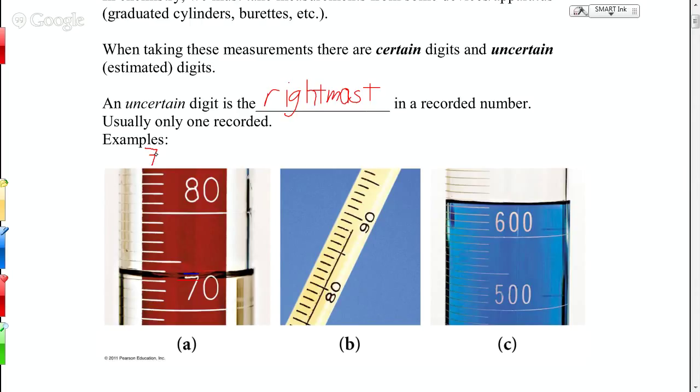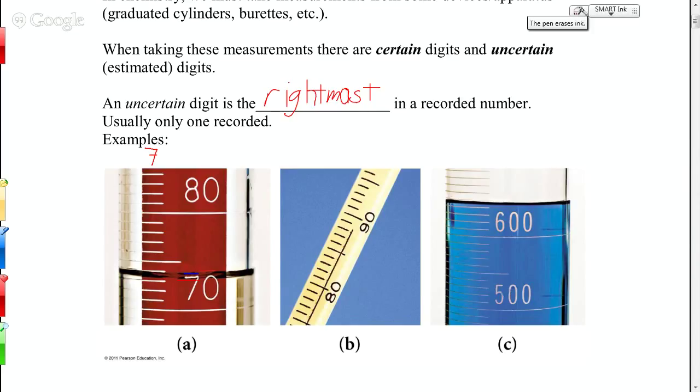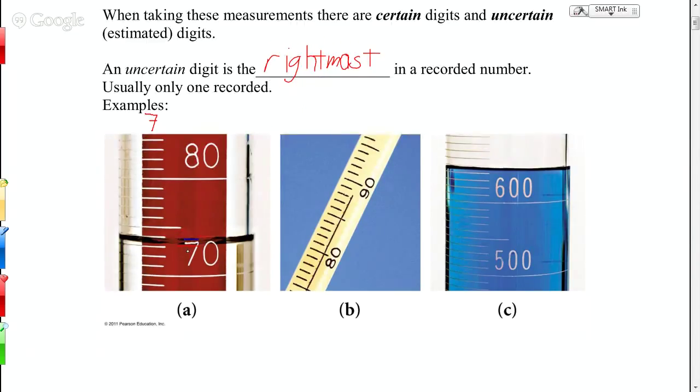I would also say with pretty good certainty that you can see this is for sure above that third tick. Would everybody agree with me? That liquid level is above the 1, 2, 3, the third line above 70. So that means that our next digit is going to be a 3, and we're pretty certain about that as well. So that would be another certain digit.